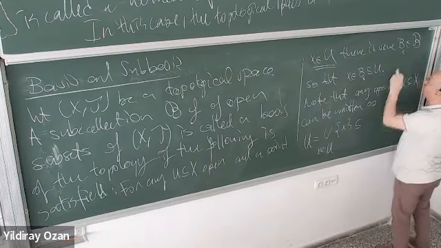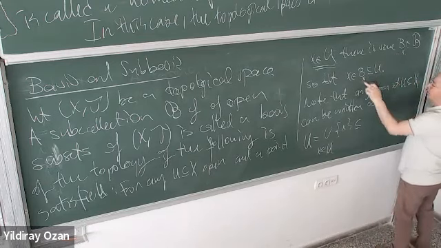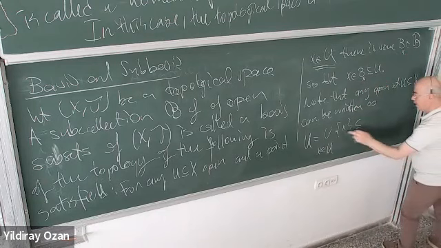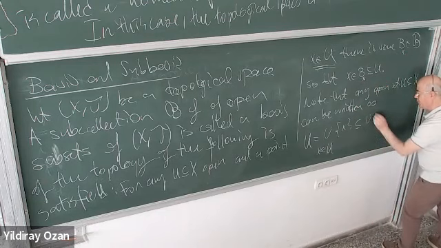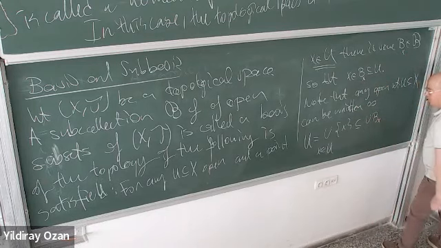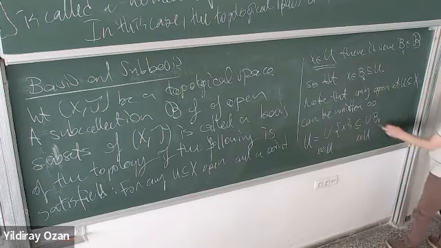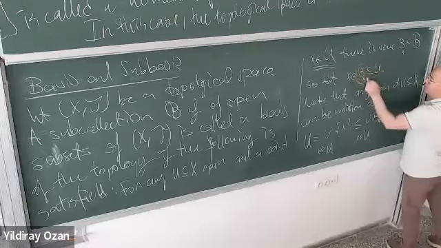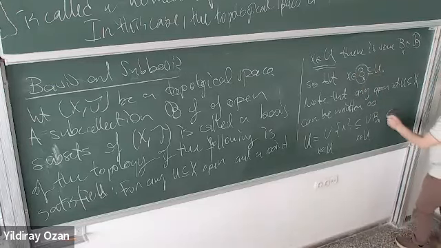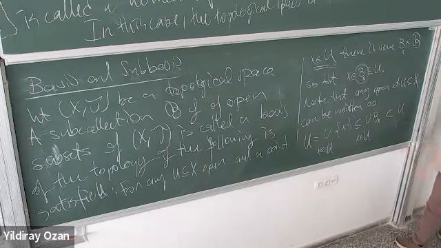So for each x there is some Bx, and then U can be written as the union of these. But on the other hand, each Bx is already contained in U, therefore their union will be inside U. And this means what?